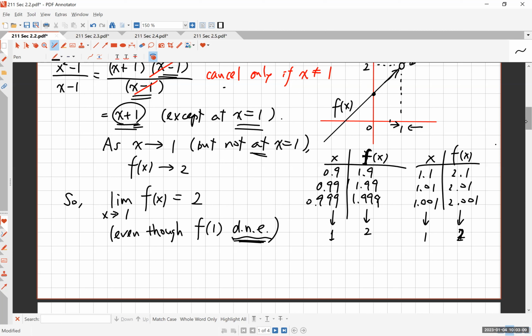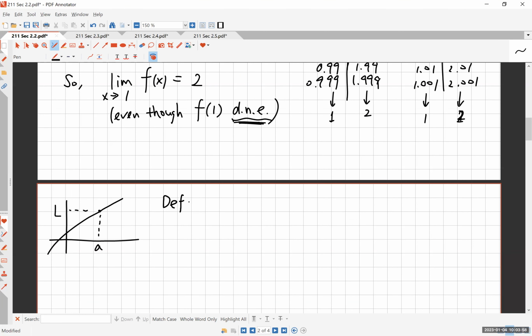Okay, so hopefully you have an understanding of what the limit is. So now let me define what we mean by the limit of a function. Throughout your study of mathematics, you will see definitions written.